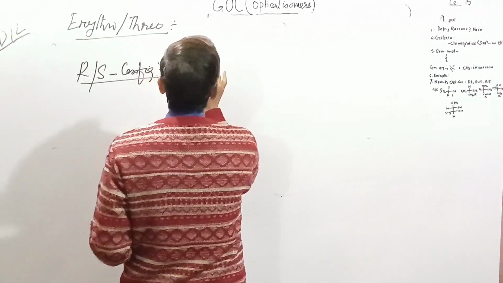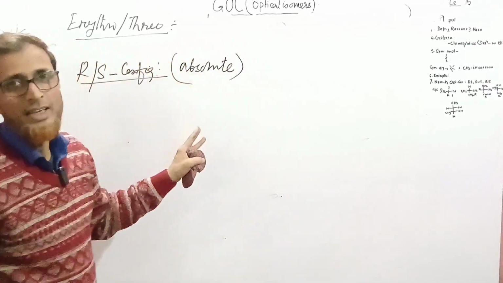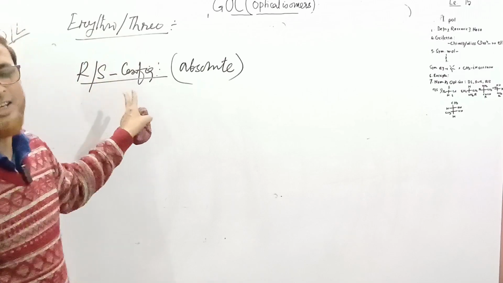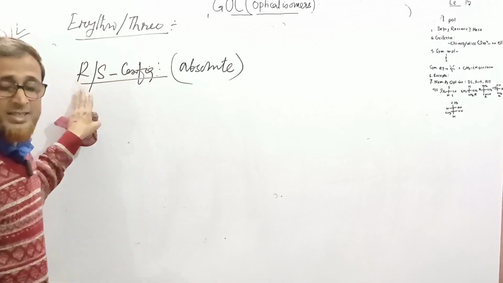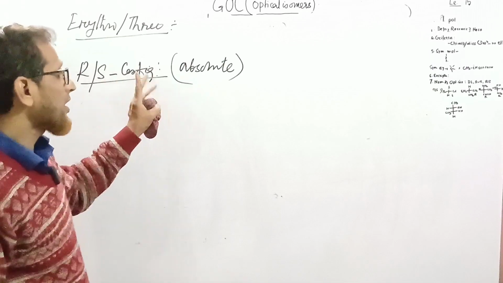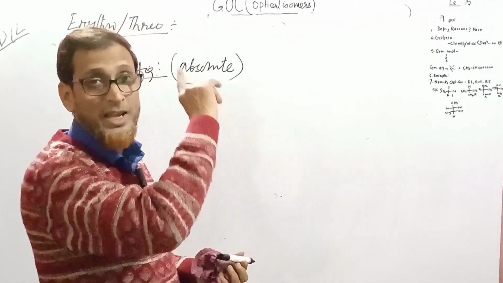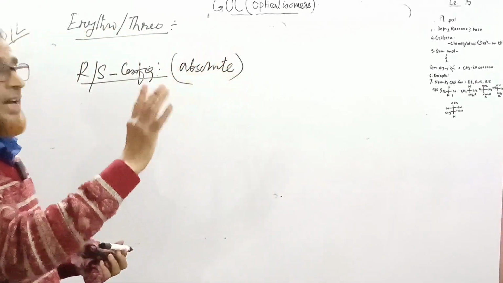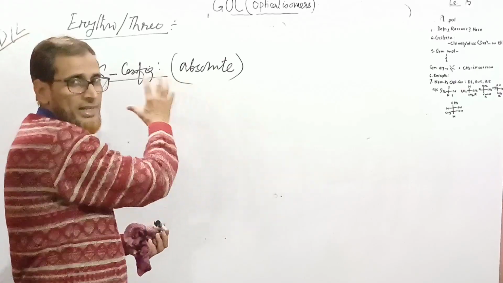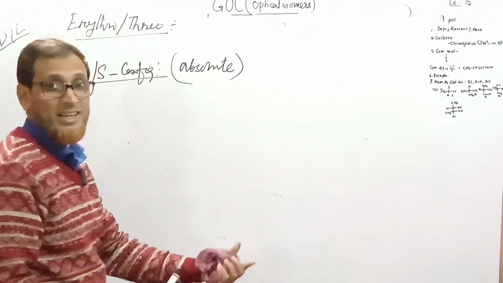Mind that it is absolute, because it is not relative to any other; it itself gives rise to the structure. R for rectus means right, S for sinister means left. The structure designated as R has the ability to rotate plane polarized light towards the right, and the structure designated as S will have the ability to rotate the light to the left.